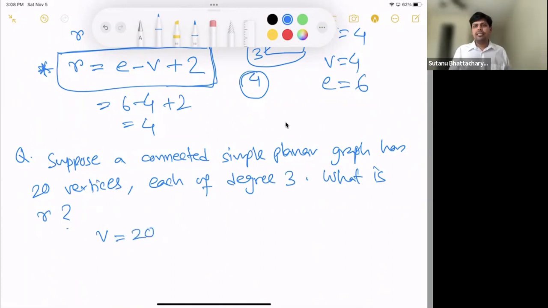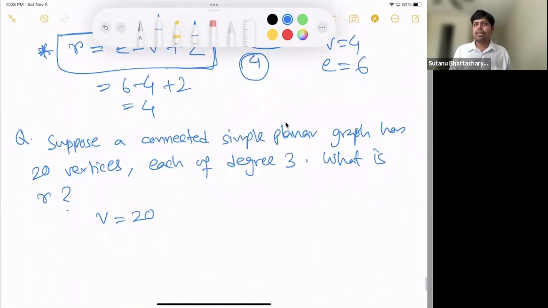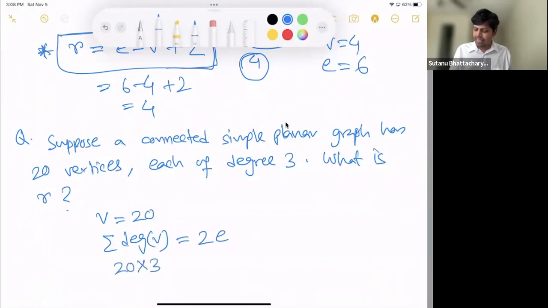So last class we talked about the handshaking theorem. The relation between E and V would be that the summation of the degrees of all vertices equals 2 multiplied by the number of edges. So here the summation of the degrees of all vertices would be 20 multiplied by 3, that is 60, equals 2E.